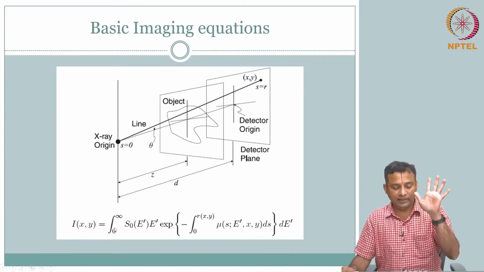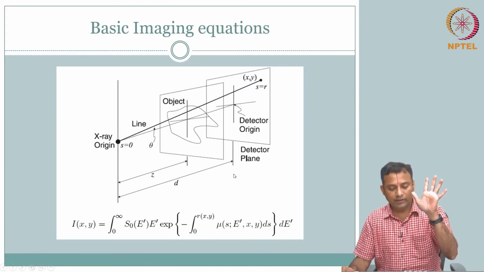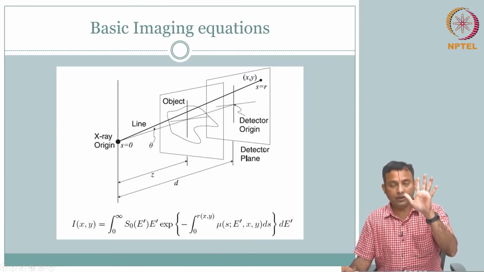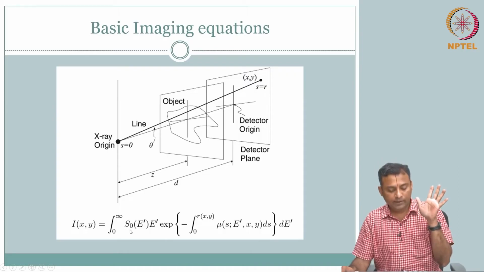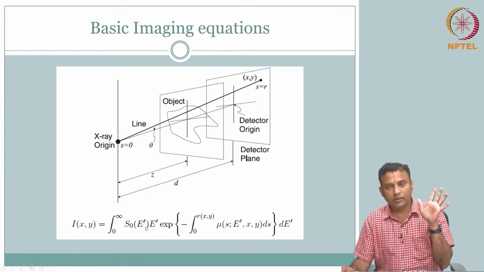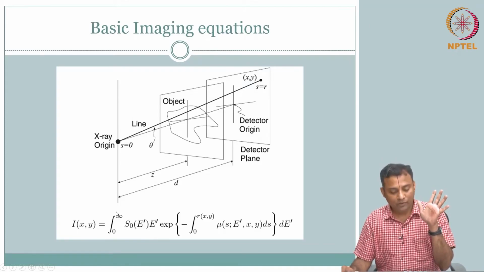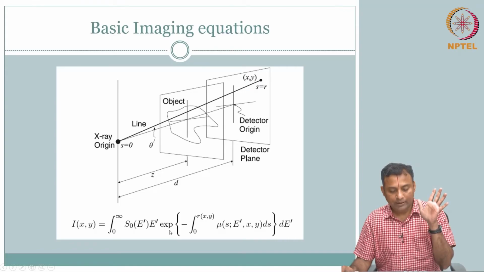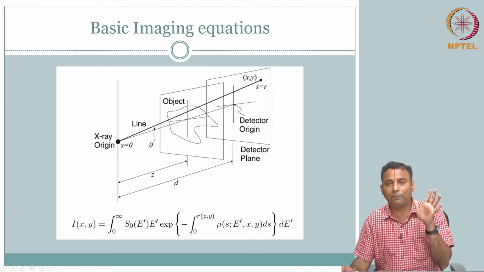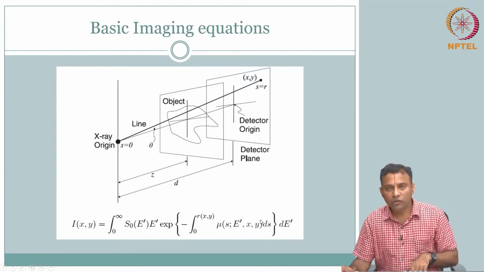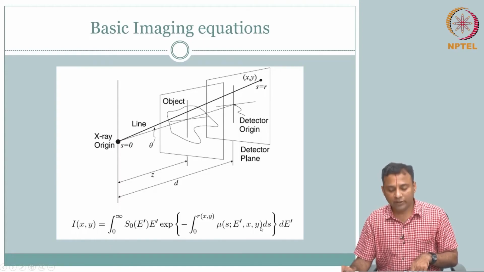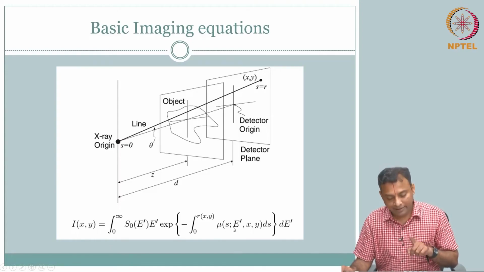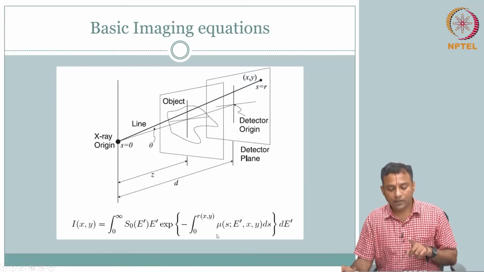Now, the intensity at x comma y, at a location, is whatever goes in, so S0 at that energy level, whatever goes in, times exponential of minus the integral over the path length r of x comma y of this mu, which is deliberately written as a function of x and y and the energy that it is dealing with, right.